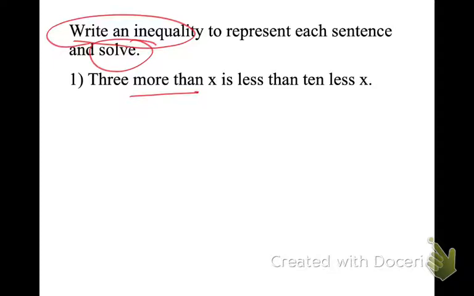So this is a 3, this is an X. We're going to have to crisscross that. So it's 3, and this becomes the X, and "more than" is plus. Is less than, there's my inequality, is less than 10 less X. There's no "than" there, so we just write it straight. Okay, so there is our inequality.